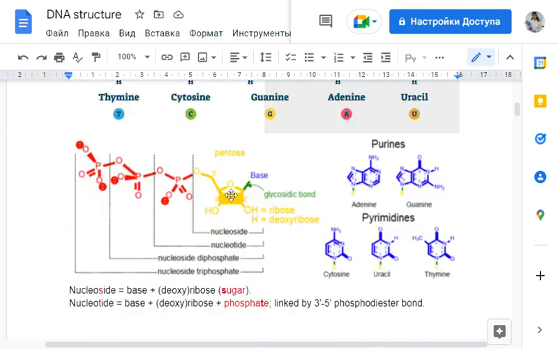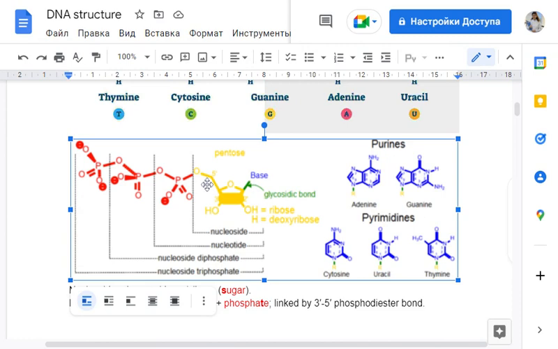I forgot to mention the DNA bricks. DNA bricks are made of nucleotides, and here you can see a nucleotide is when we combine base, sugar, and phosphate together. Without phosphate, it's called a nucleoside, and with phosphate it's called a nucleotide. And we can have three phosphate groups.